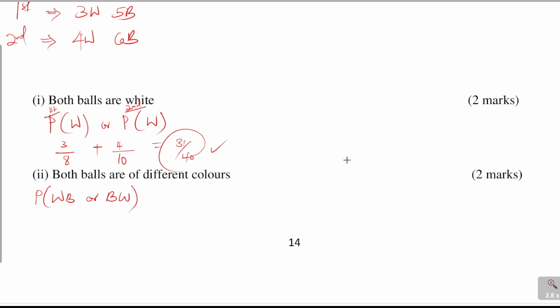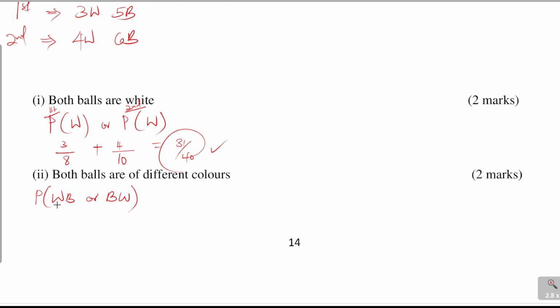So for this one, you have to multiply. So I'll repeat this again. Both balls are of different colors, so that means you pick a white from the first bag and then a blue from the second bag. So that one you're going to multiply the probability.